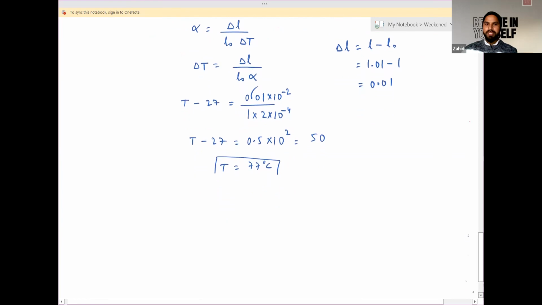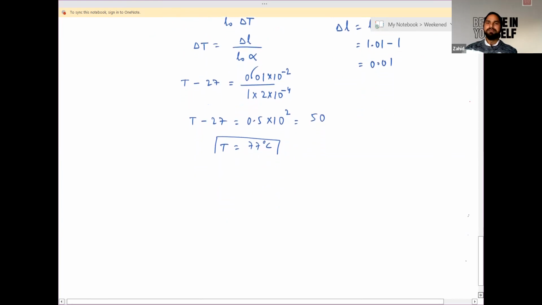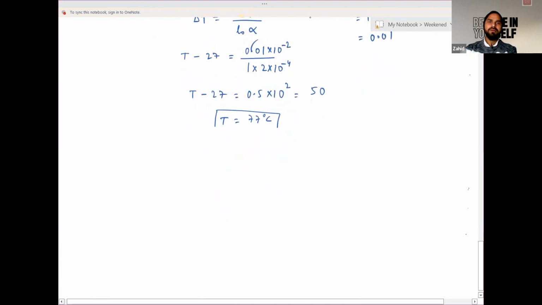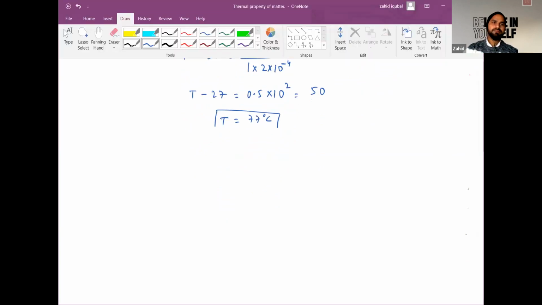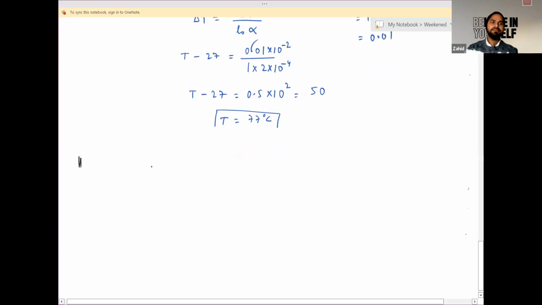Now there will be some applications of this linear expansion. First, since alpha equals delta L divided by L naught times delta T, we can write delta L divided by L equals alpha times delta T. This delta L by L naught is nothing but change in length divided by initial length.